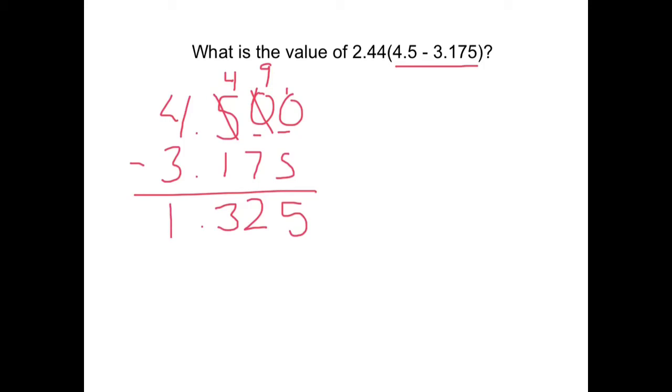Now to finish, there is no sign here. That means that it's going to be multiplication. I have to multiply 1 and 325 thousandths times 2 and 44 hundredths.